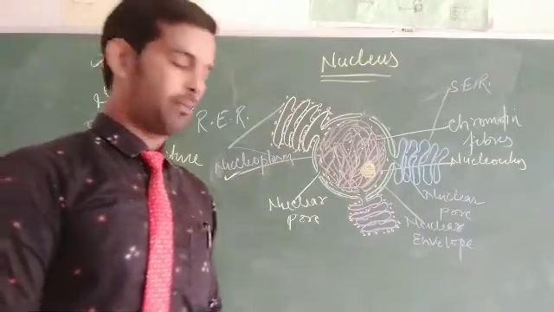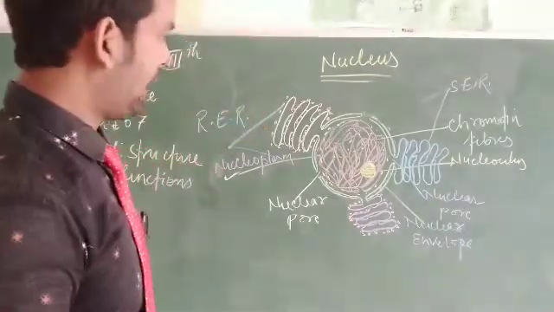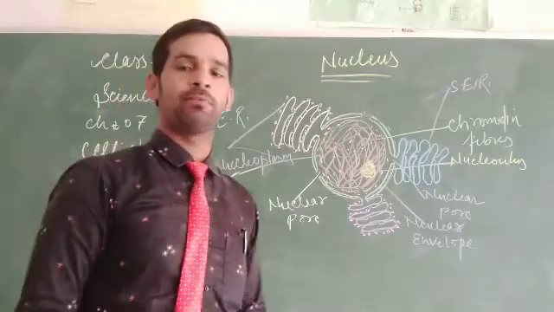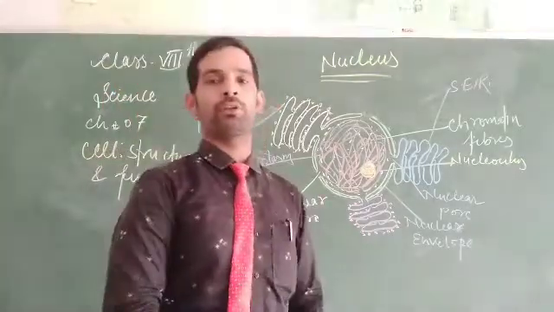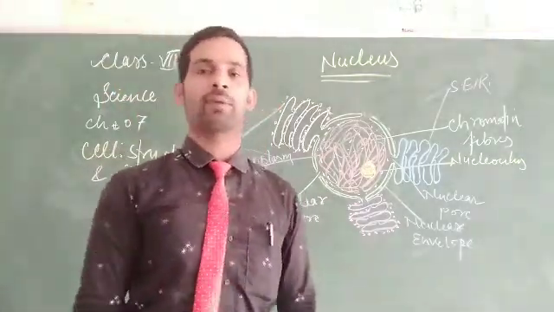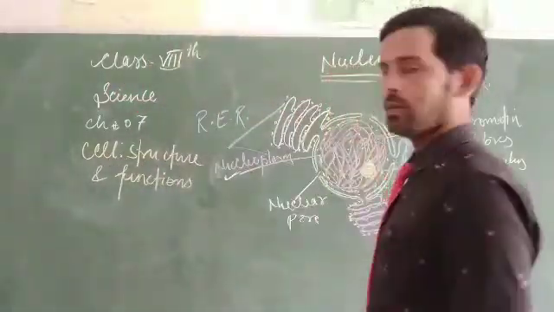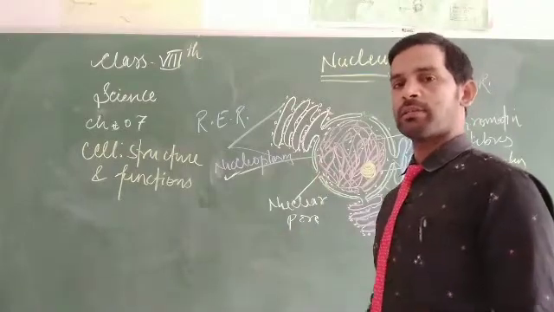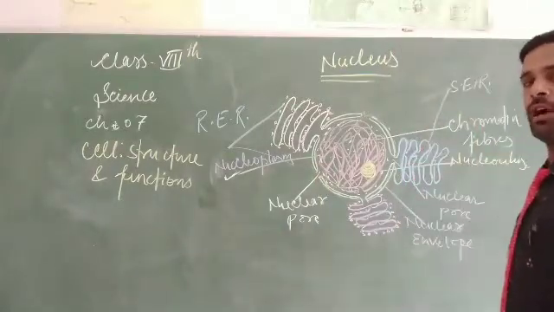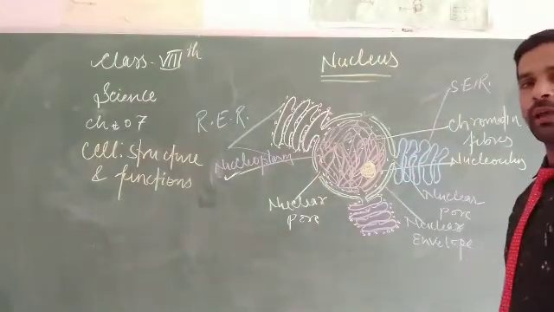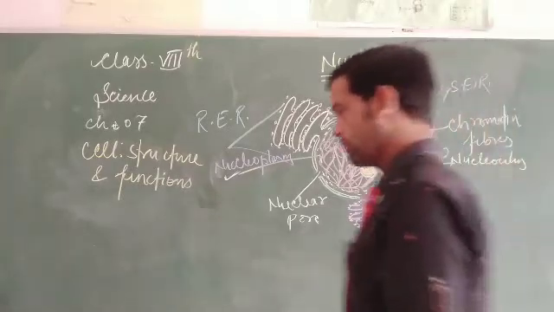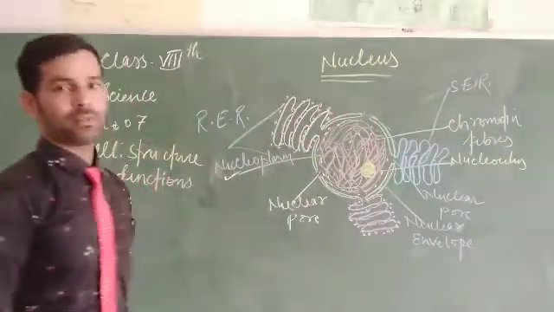And the nucleus is called the control unit of the cell. Why? Because just as our body is controlled by our brain, the cell is controlled by the nucleus. It controls all the activities, operations, and functions performed by the cell.